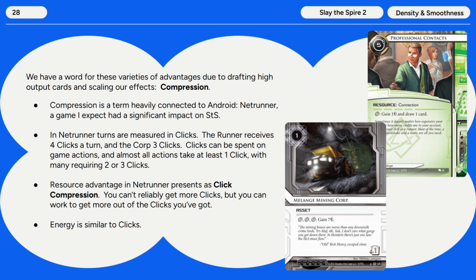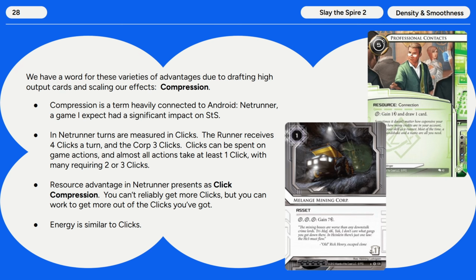And that was a consistency across the game almost all the time. Clicks can be spent on those game actions, and almost all the game actions take at least 1 click, with many of them requiring 2 or 3. So just as an easy example, Professional Contacts here, it's a resource, so it works similar to a power in Slay the Spire, and it says click, gain 1 credit, and draw 1 card.